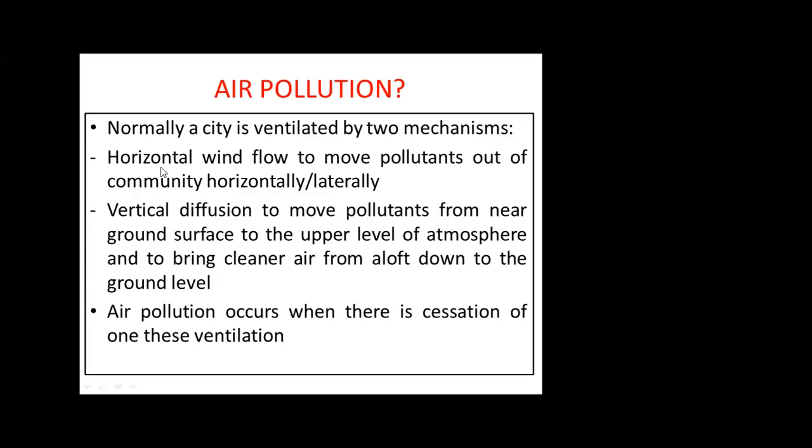What happens is that either there will be no wind flow or there will be no vertical diffusion, especially after the sunset and before the sunrise. And as you know, the wind is always changing. So in a city, as long as these two mechanisms continue, there will be absolutely no air pollution.